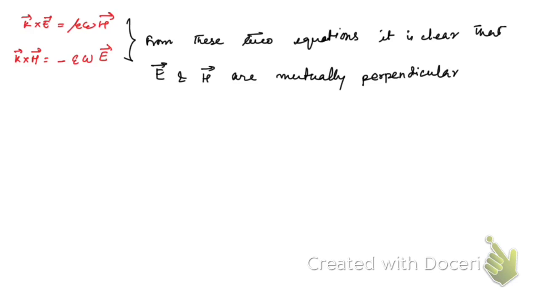Not only these two, all three vectors, E vector, H vector, and K vector, are perpendicular. That means the wave is propagating in the direction perpendicular to the direction of oscillation of E and H. They are all mutually perpendicular. Let me explain why.